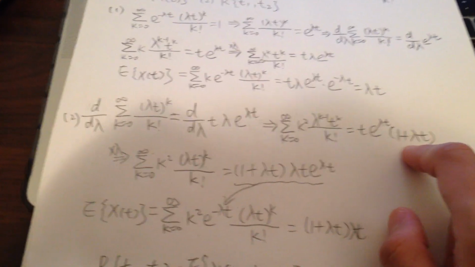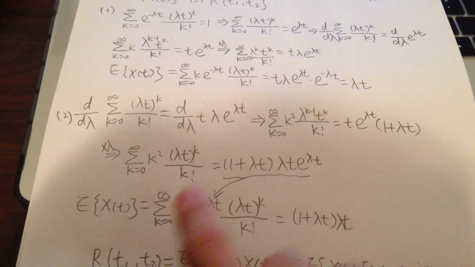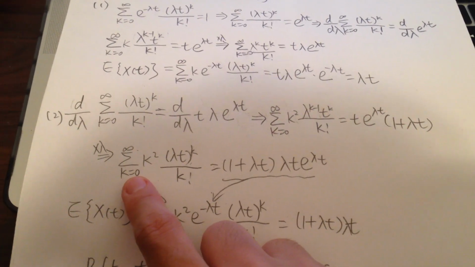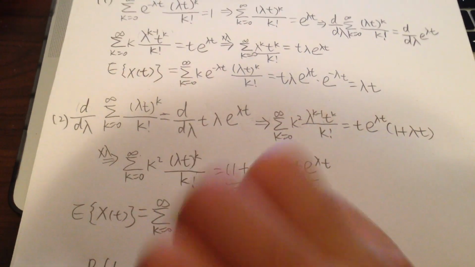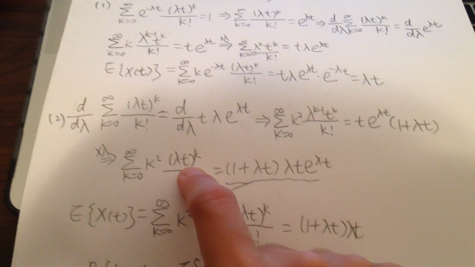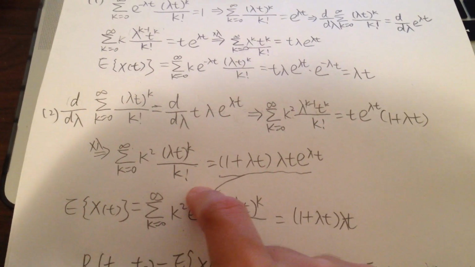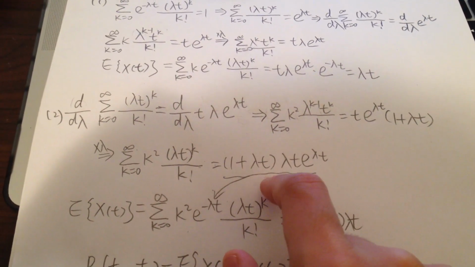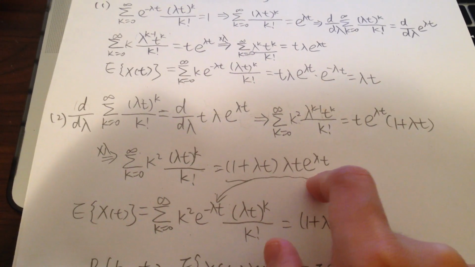If we also multiply both sides by lambda, we get the sum from 0 to infinity of k squared times lambda to the power of k times t to the power of k divided by k factorial, which equals (1 plus lambda t) times lambda t times e to the power of lambda t.